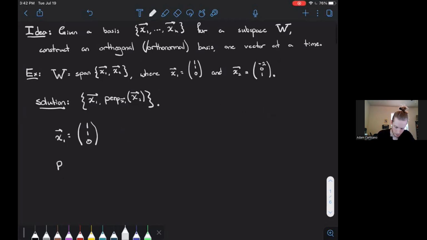What is the component of x2 which is perpendicular to x1? Let me write it. The perpendicular component to x1 of x2 is precisely x2 minus, and this is going to be totally helpful, the projection onto x1 of x2.